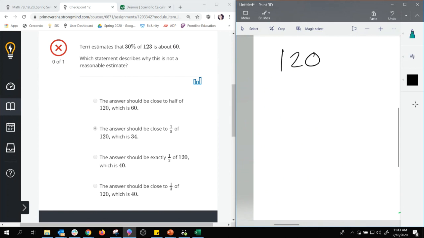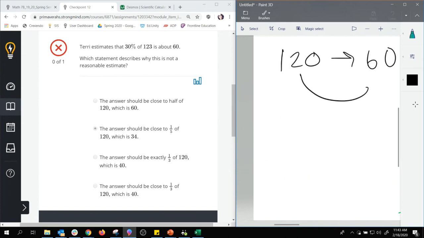Perfect. And if she is going from 120 to 60, is it about a fourth, a half, a third? What do you think? How would you go from 120 to 60?